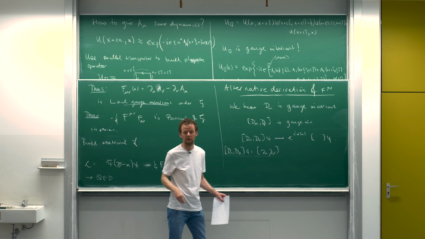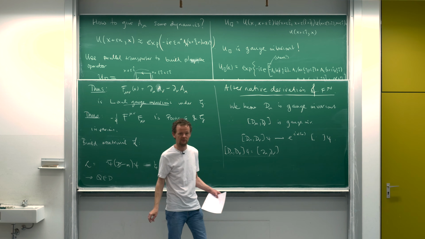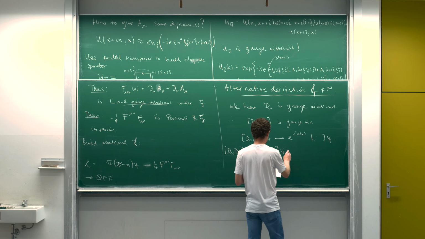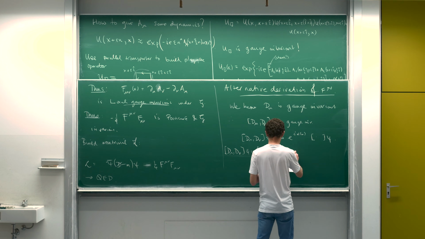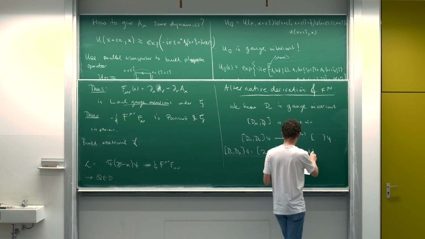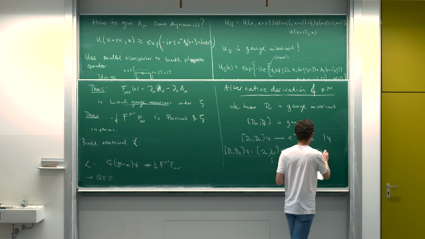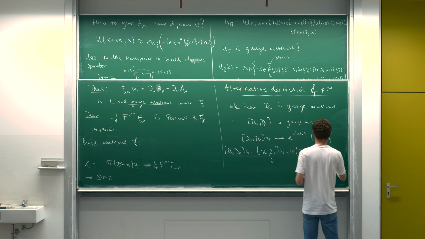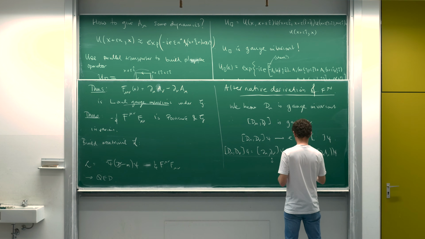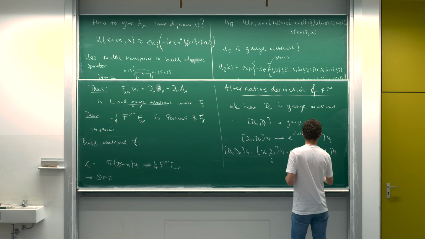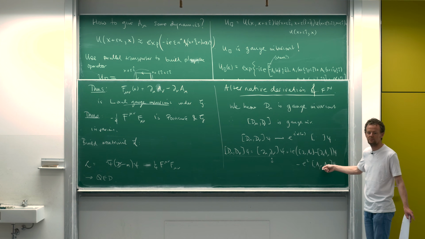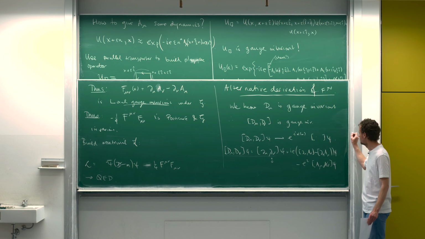Partials, right, commute. It's a theorem in many variable calculus. So that's actually 0. Okay, these guys commute, they're just numbers, so it's also gone.